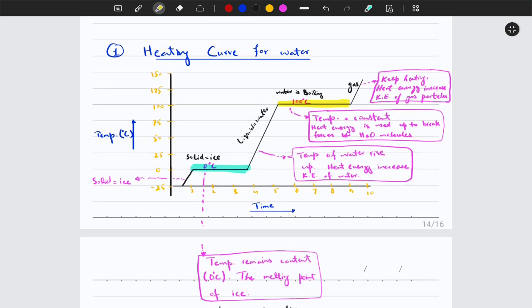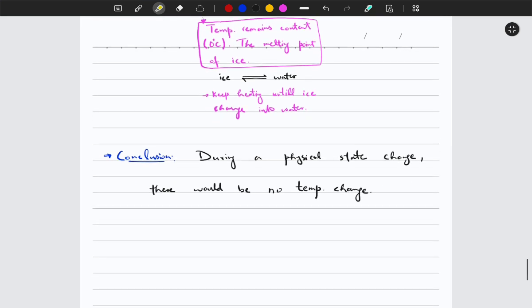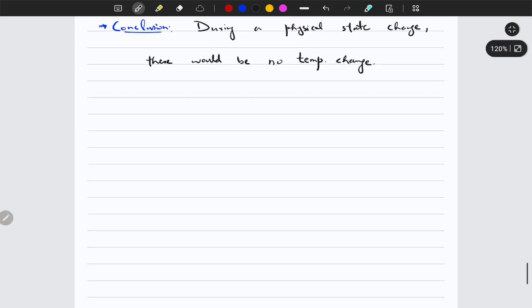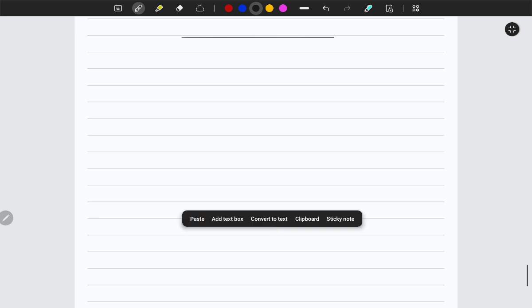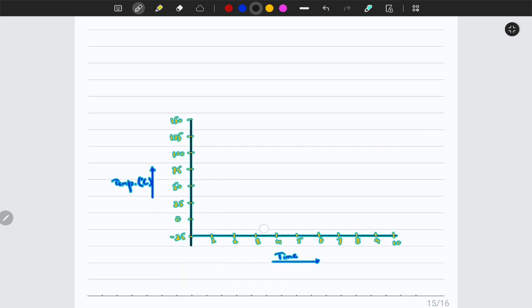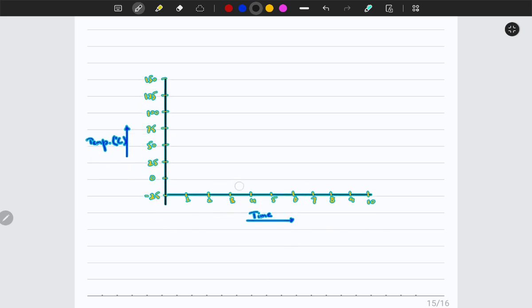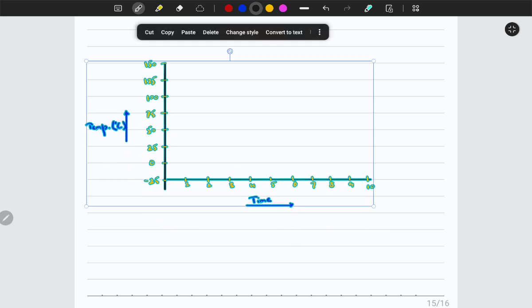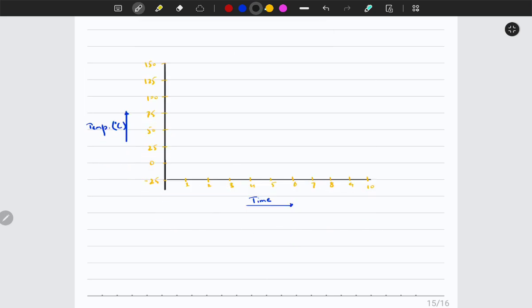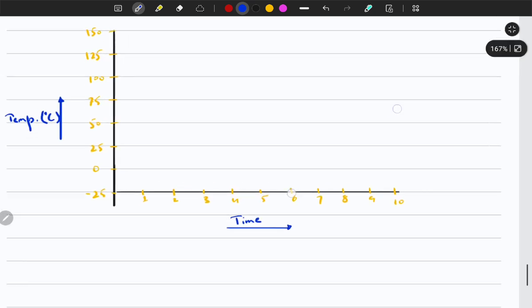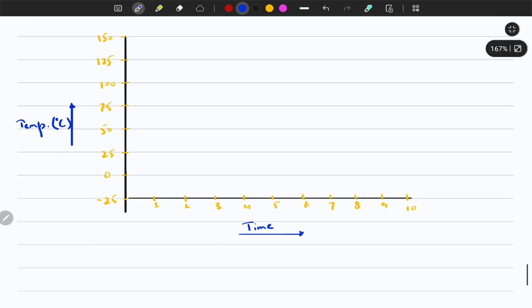Now let's talk about the cooling curve. So that would be the reverse. We would use the same example of water. All right, let me draw a similar graph here. So maybe you already have vapors, gaseous form.